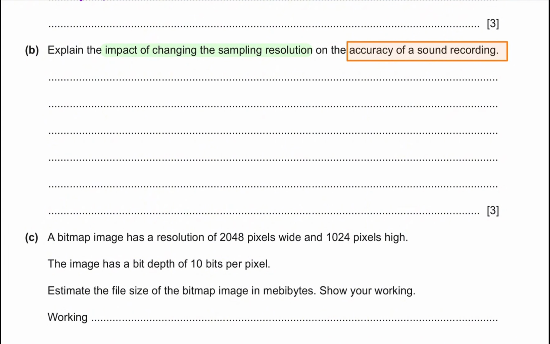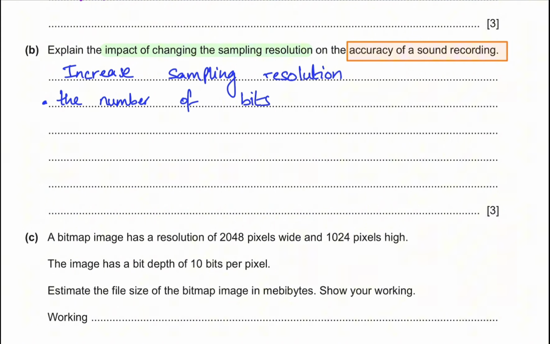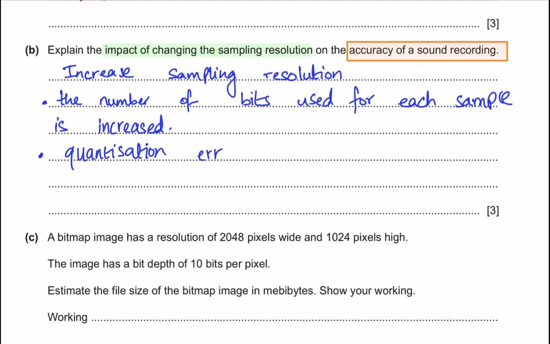So if you are increasing the sampling resolution, the number of bits used for each sample is increased, and quantization errors are reduced.